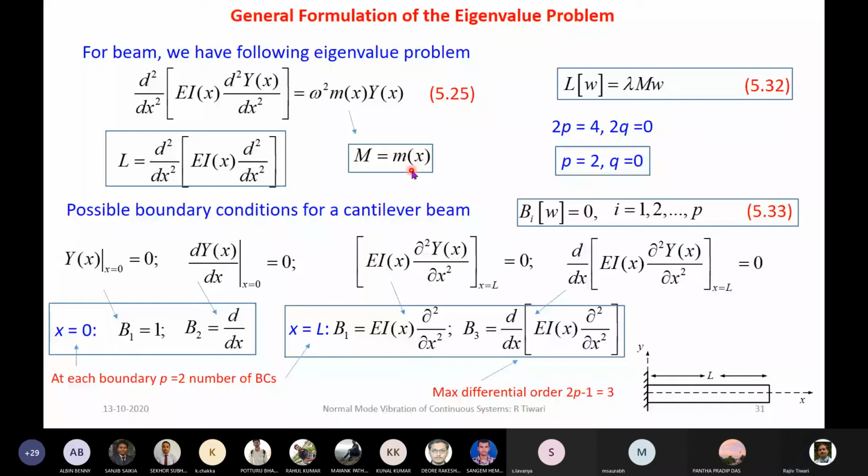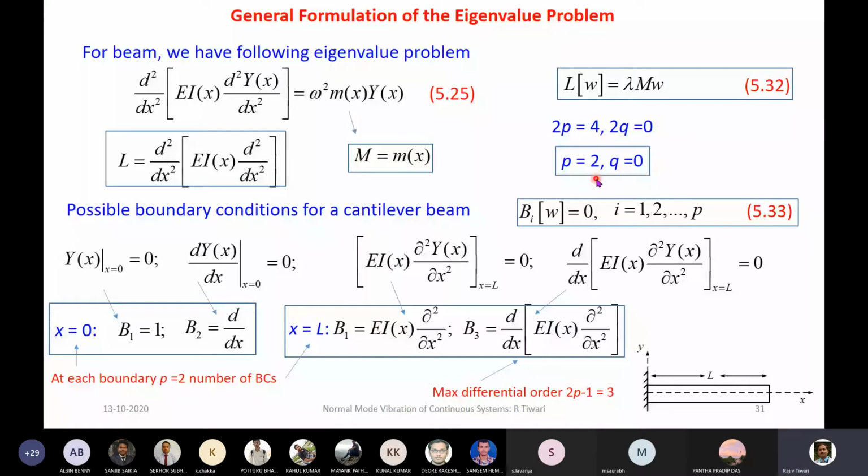We have seen that the L operator has 2p order of differentiation. So for the beam case, 2p is equal to 4, and 2q, the order of differentiation of the M operator, is equal to 0 since M has no differentiation. From this we get p equal to 2 and q equal to 0.